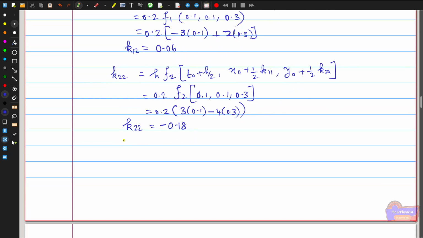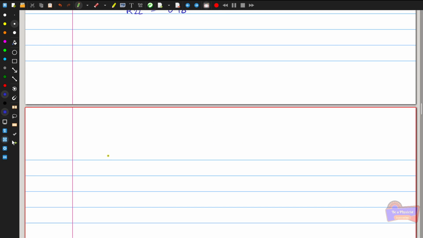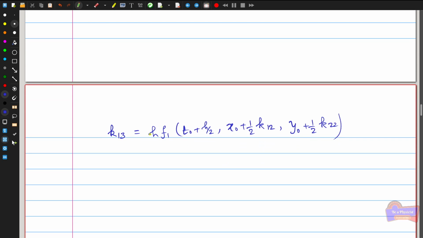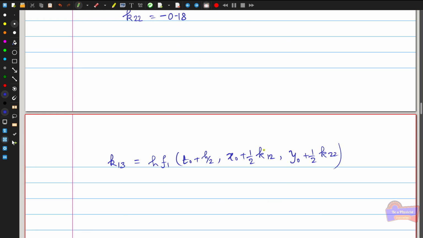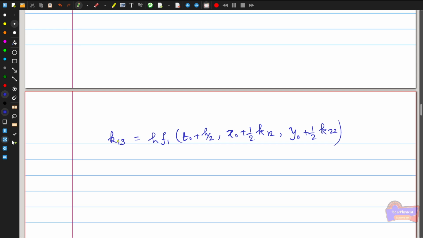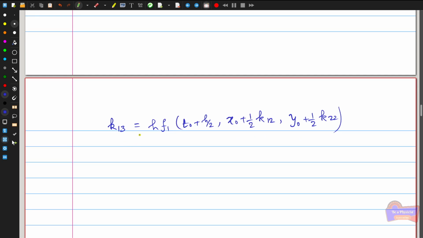Similarly, I can calculate the next slope k13, which is equal to h into the function f1 of t0 plus h divided by 2, comma, x0 plus half times k12, comma, y0 plus half times k22. Now I can substitute the previous values which we calculated, k12 and k22, in this equation, and then find the k13 as well as the k23.